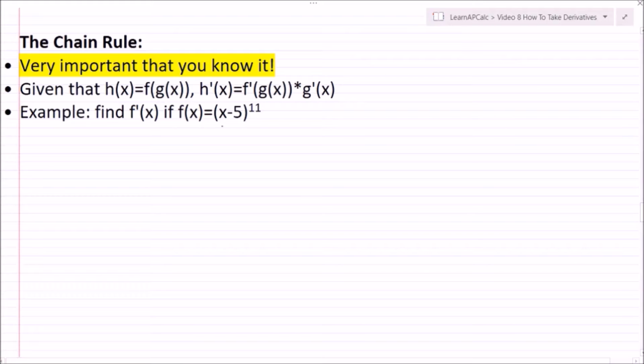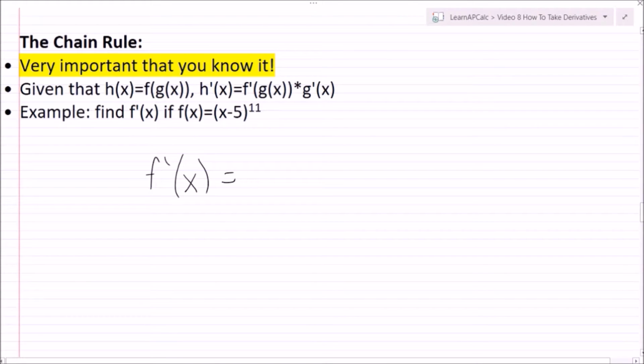Now you could use the product rule if you multiply this all out, but that's probably not the easiest way of doing this. You should just use the chain rule. So again, I'll just call this h of x equaling f of g of x, and that shows up here. So I know that my derivative is f prime of g of x times g prime of x. So what would that look like?